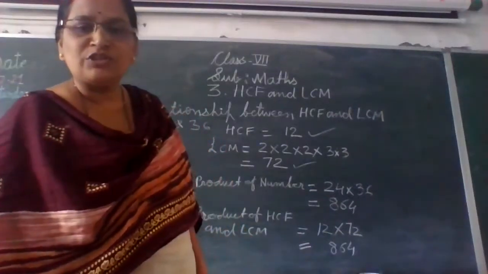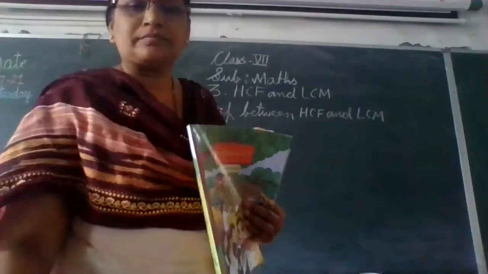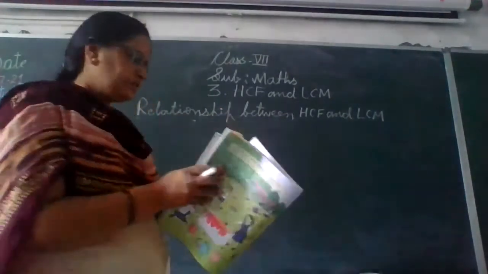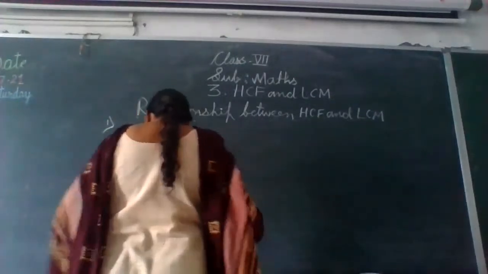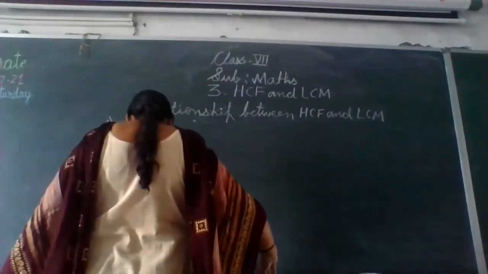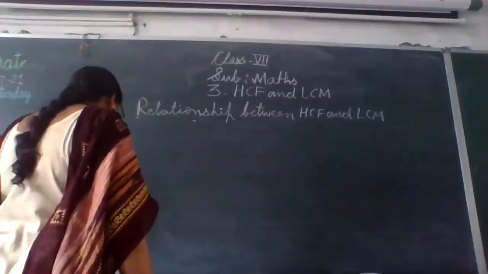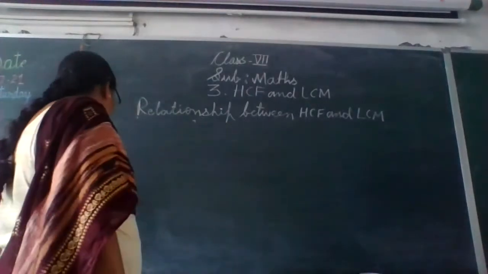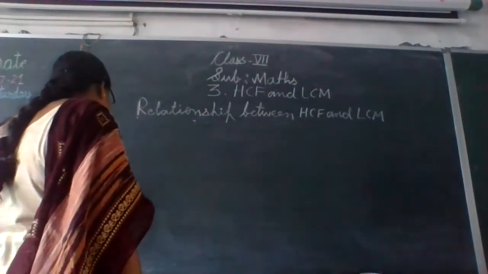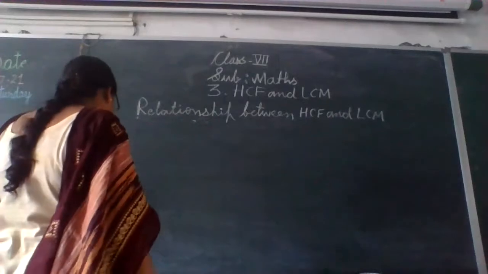Now see the next question, beta. If the HCF of two numbers is 12 and their product is 2160, find the LCM.